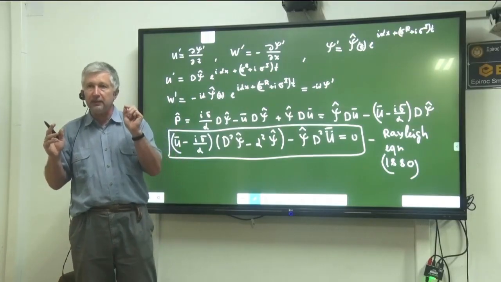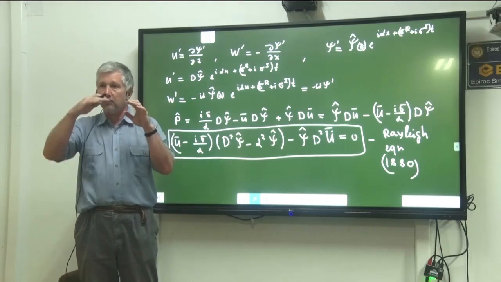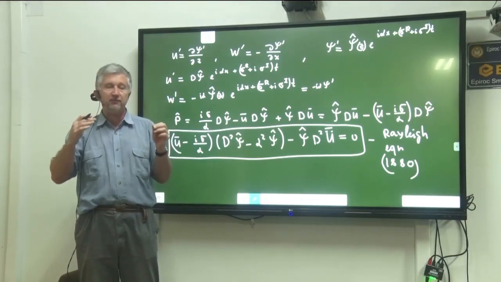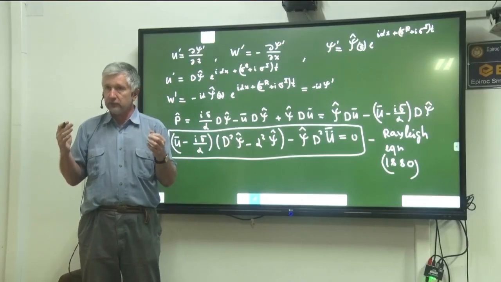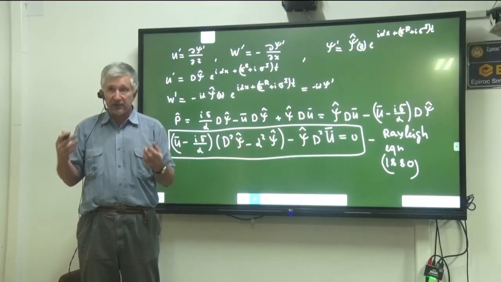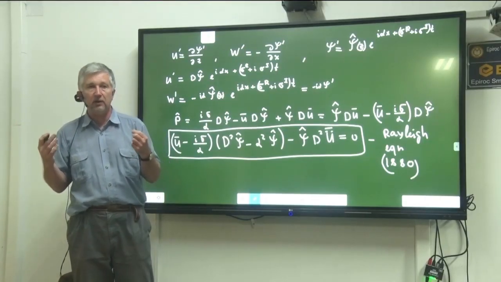Our goal is to determine the type of profiles, the shape of this function essentially, which is physically observable. So the one which potentially can be seen in experiments. That's what we are trying to achieve.